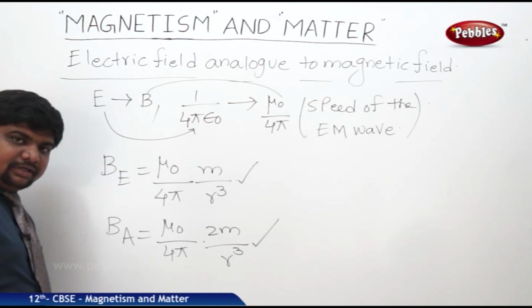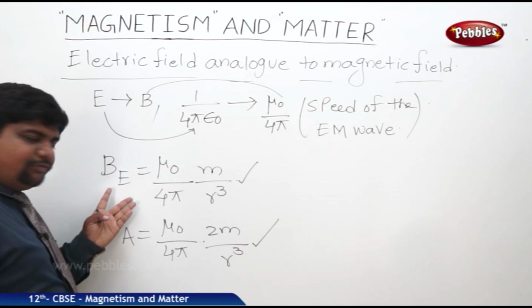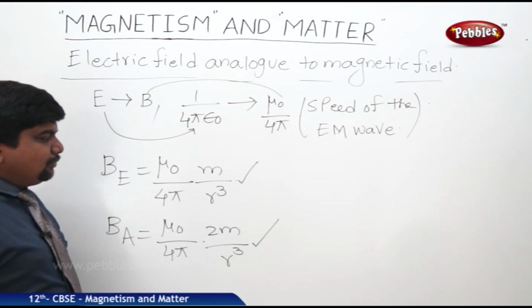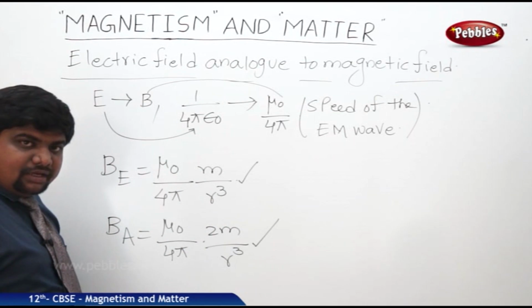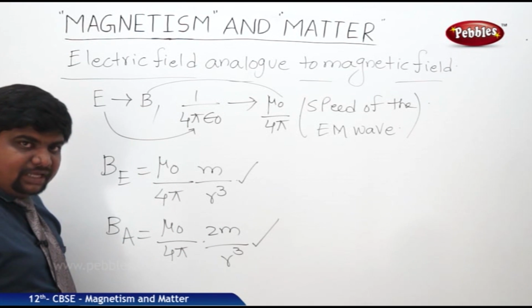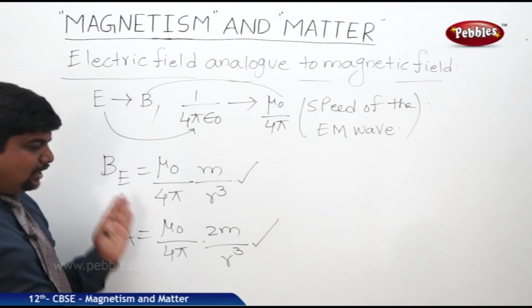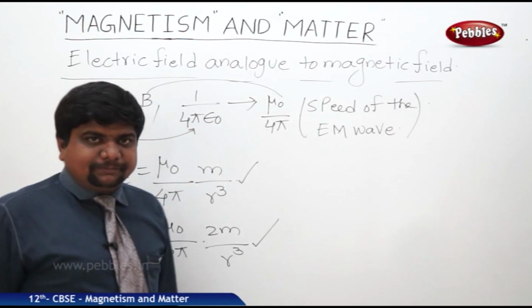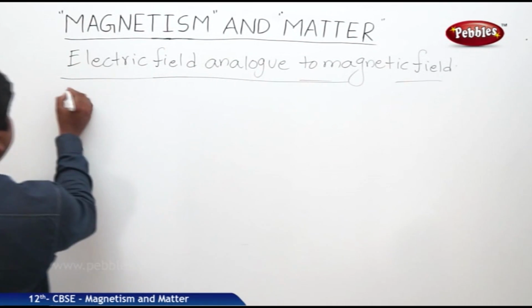At the same time, with respect to the electric dipole, at the equatorial plane we get 1 by 4 pi epsilon naught into p by r cube. Here it is 2p by r cube. Now we will see the analogy of these dipoles.